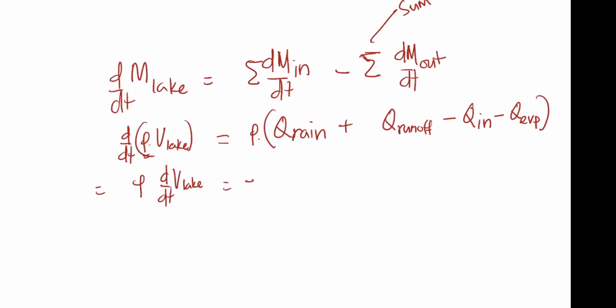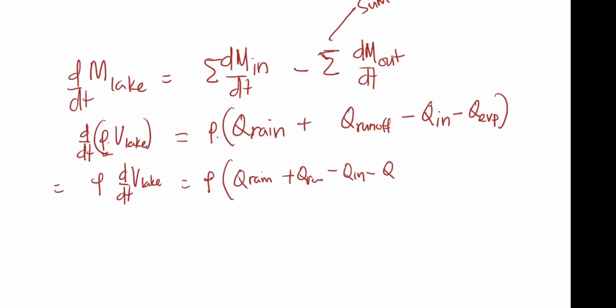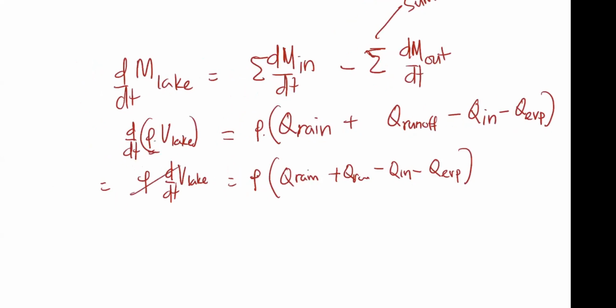So density cancels out. So it will be Q in plus Q runoff minus Q infiltration minus Q evaporation. Okay, so density cancels out, and your non-steady state equation is this.